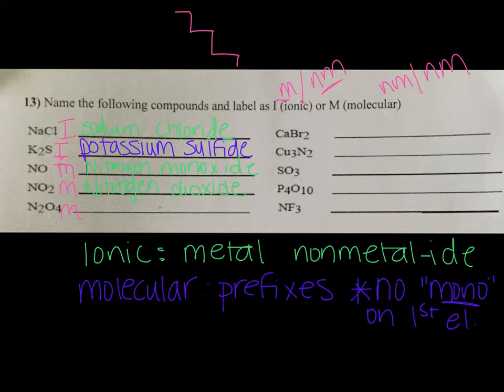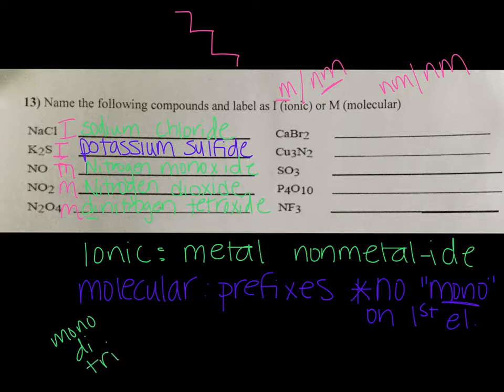And then finally we have dinitrogen. So if you notice, we had to add that prefix to the first one because there was more than one. And then this is going to be tetroxide. Okay, so you've now seen me use mono, di.